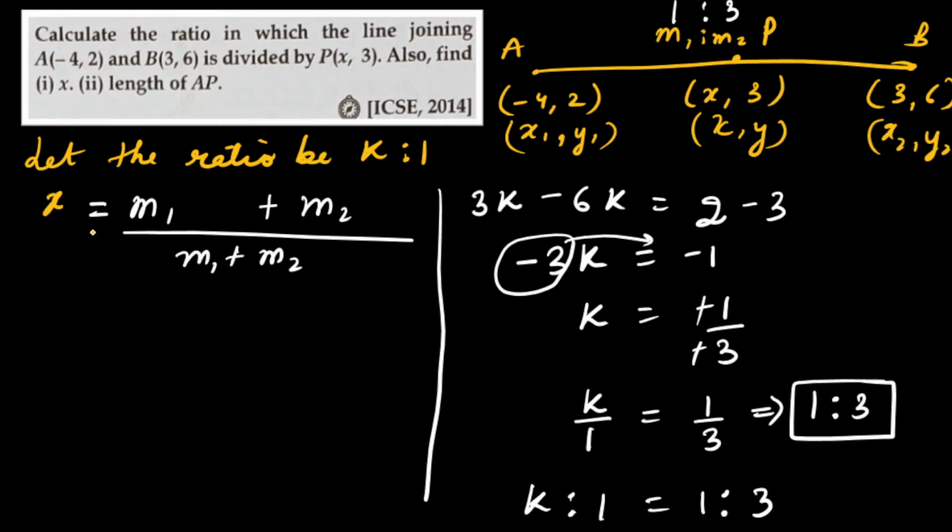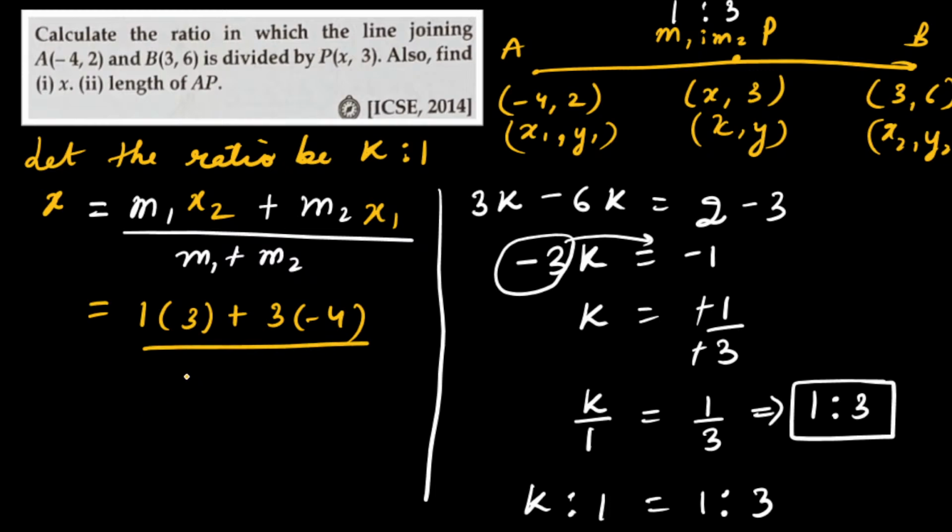So x is equal to m1 x2 plus m2 x1 by m1 plus m2. m1's value is 1, x2 is 3, plus m2 is 3 and x1 is minus 4, by 1 plus 3. So 3 into minus 4 is minus 12.